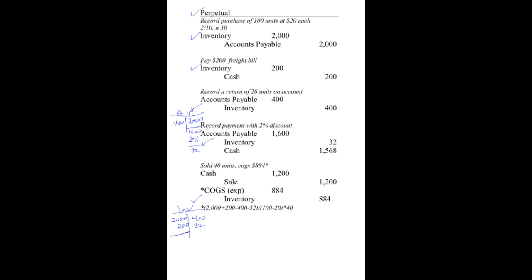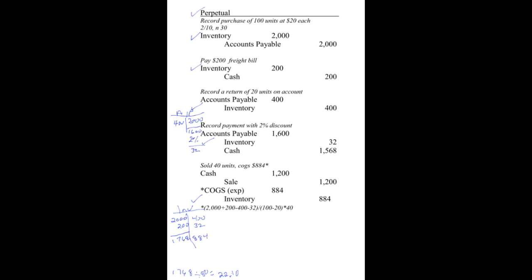If you total all of these, you'll see that we have $1,768 in our inventory account. Remember, this was for 80 units. So if you take $1,768 and divide it by 80, you'll see that that's $22.10 a unit. And we sold 40 of those. So 40 times 22.10 gives us our $884, and we immediately take that out of inventory because it's been sold.